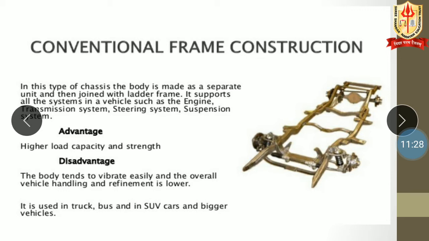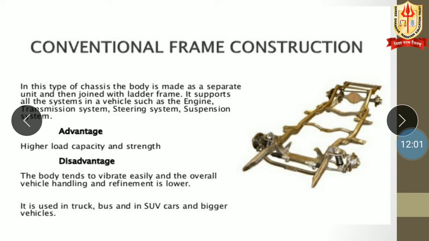Now, what are the advantages of this? Higher load capacity and strength. Disadvantage: the body tends to vibrate easily, and the overall vehicle handling and refinement is lower. Why is it vibrating? Because the body and this chassis are bolted, meaning they are joined after manufacturing.